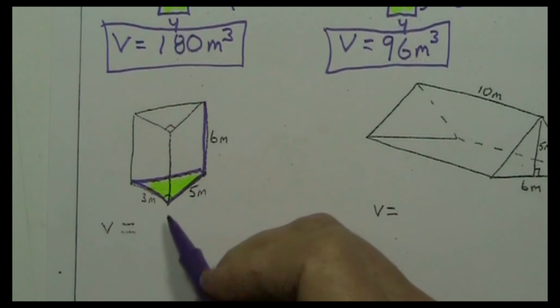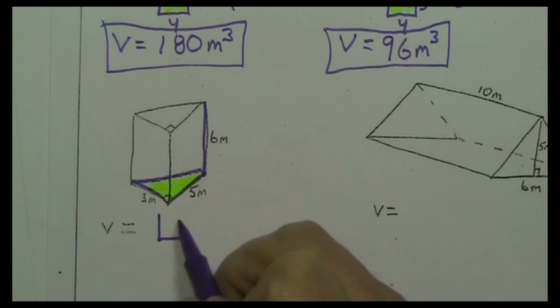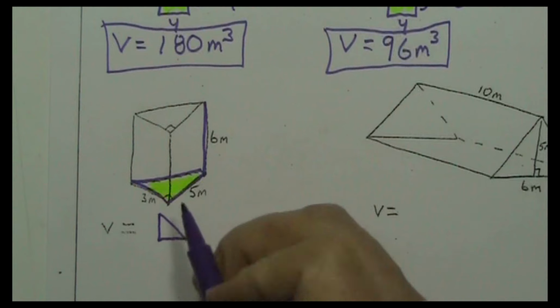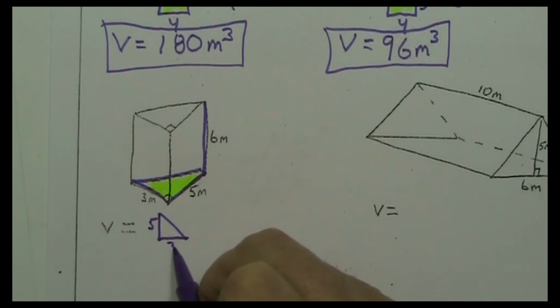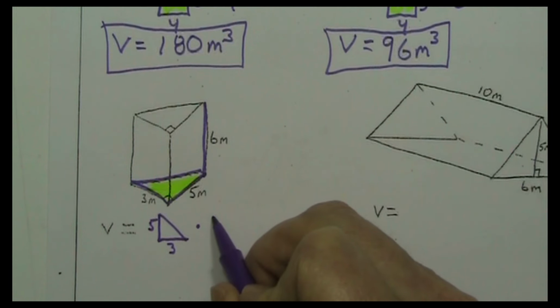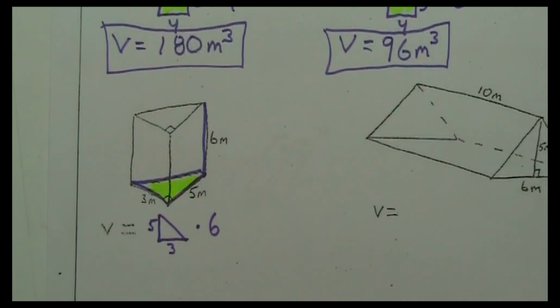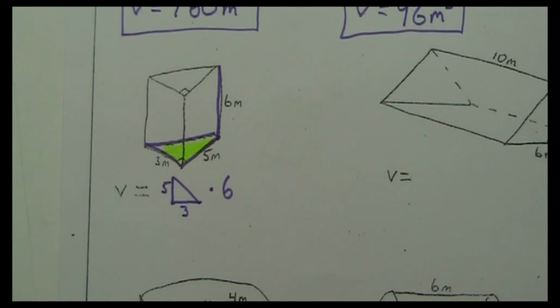So we have the triangle, and 3 by 5. I'll put 5 there, 3 there. Times how long it is, and it is 6 meters. Now, do you remember how to find the area of a triangle?